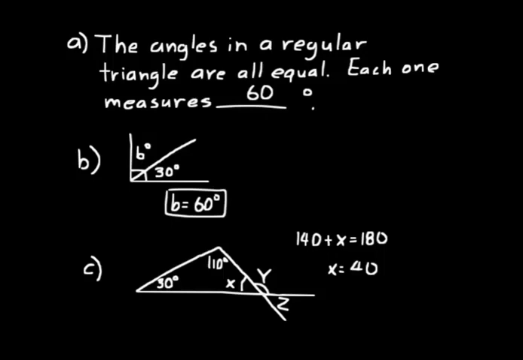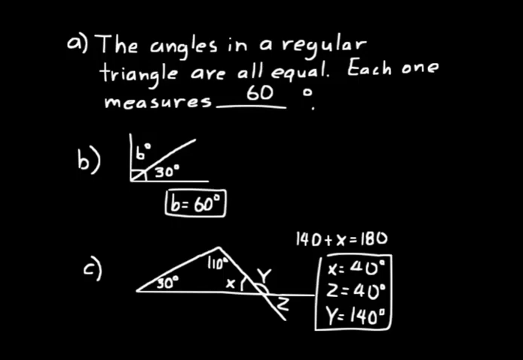Now, X and Z are vertical or opposite angles. So that means Z has to be 40 as well. And then X and Y are supplementary angles. Y and Z are also supplementary. So either way, Y must be 140. I can put degree symbols on all of those. Since supplementary angles add up to 180 degrees, right? X plus Y, 40 plus 140 would be 180. And that's our answer.